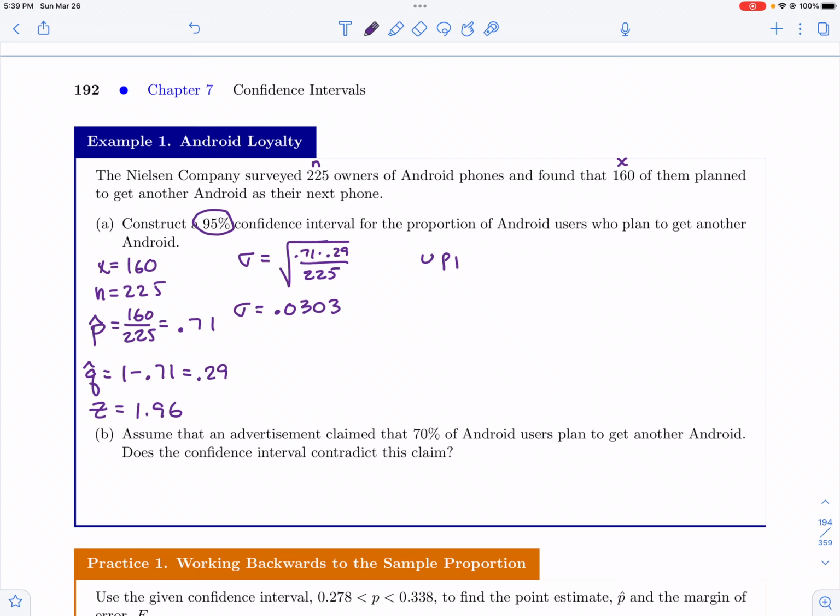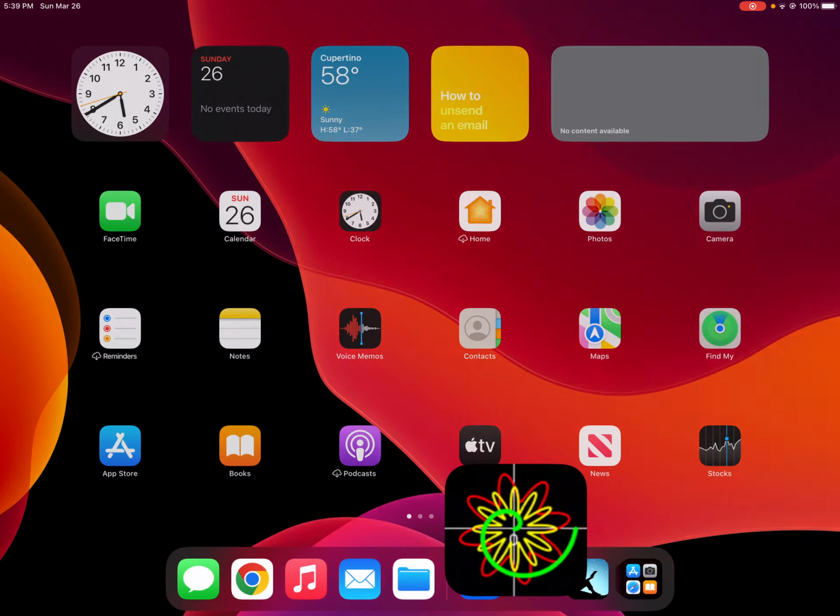Our upper bound is going to be our p hat, 0.71, plus our z-score, 1.96, times our standard deviation, which I saw was 0.0303. And then our lower bound is going to be 0.71 minus 1.96 times 0.0303. Let's plug these into the calculator real quick and see what we get.